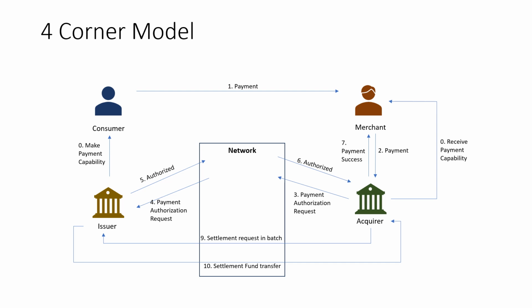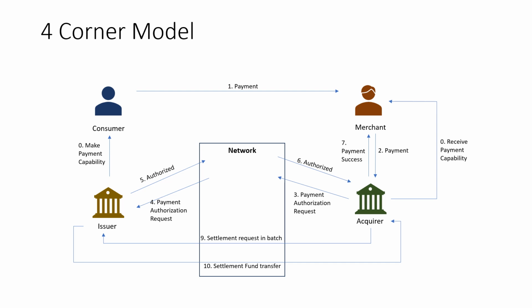The acquirer forwards this flow to the issuer bank to authorize the payment. Now, this flow goes through a vast network. There are many switches, gateways, and servers, managed by the network provider, which in the case of cards is Visa, MasterCard, or American Express. They manage the entire card network.